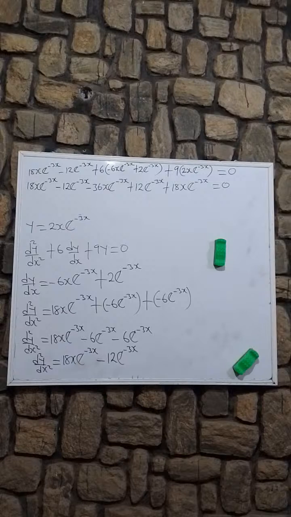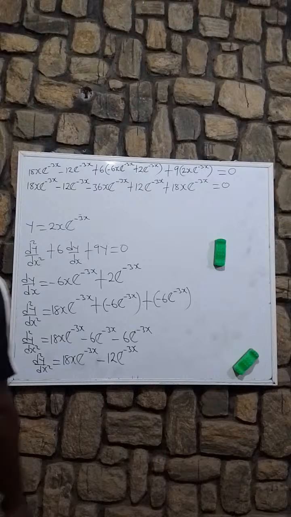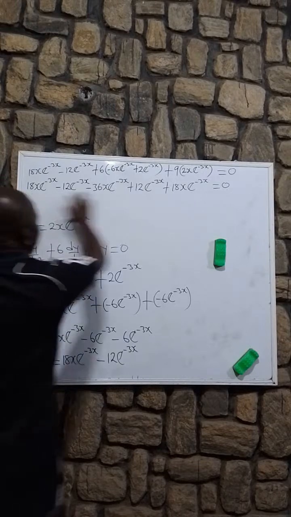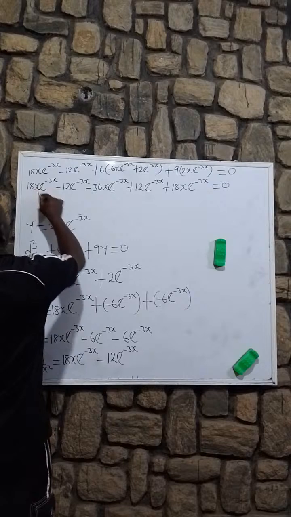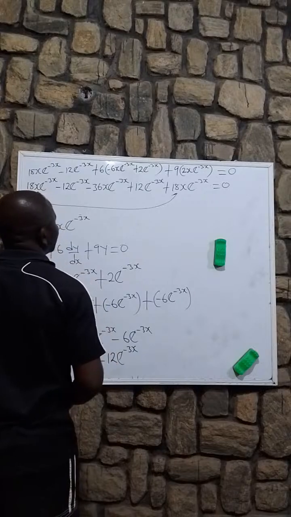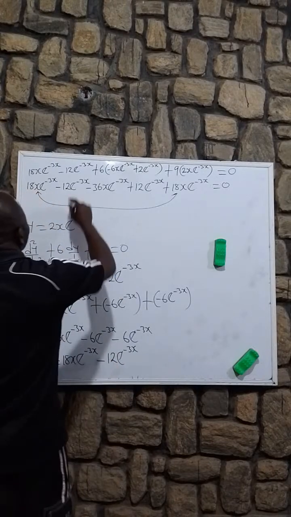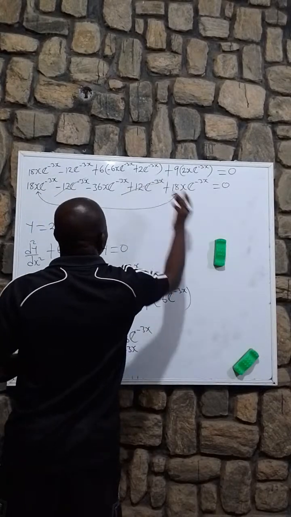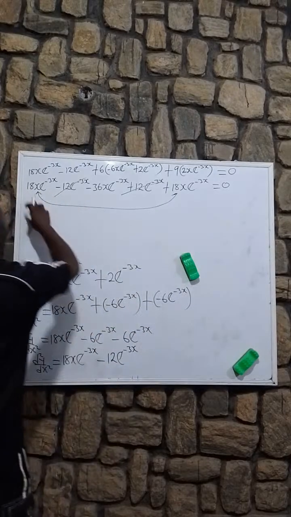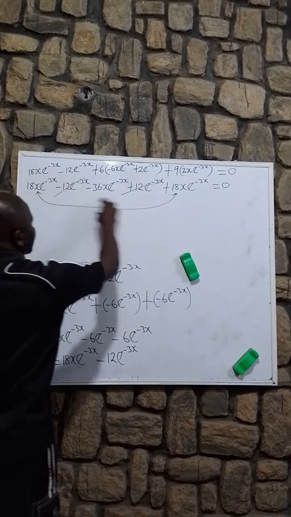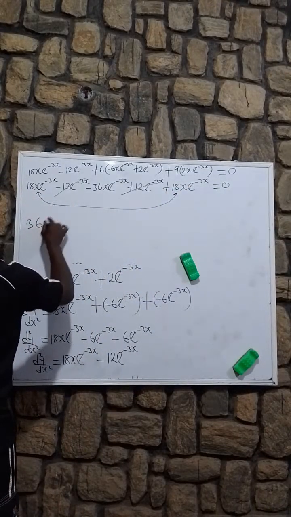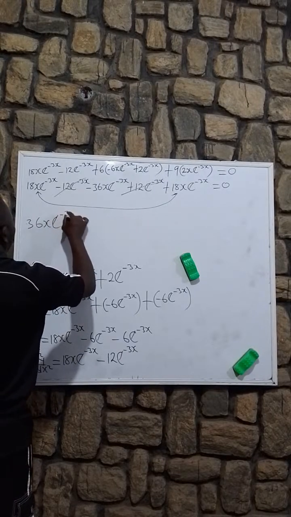So as you can see, you don't need a prophet to tell you. You can collect like this and this. Look at it. We can have this, two of us. Then this and this will go, isn't it? Then if we have 18x exponential minus 3x plus 18x exponential minus 3x, we are going to have 36x exponential minus 3x.